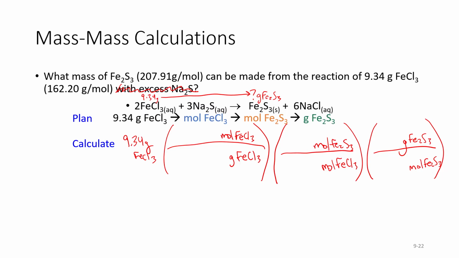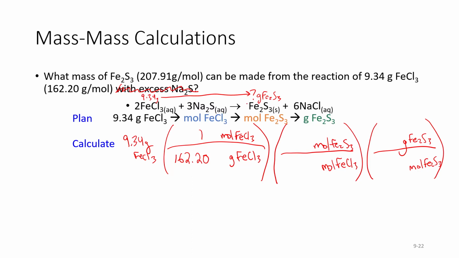So now we're going to fill in our conversion factors. Since this is the same substance, 1 mole is equal to the calculated mass from the periodic table. They give this to us as 162.20 grams in 1 mole. Since we're converting between different substances, we're going to use the coefficients.